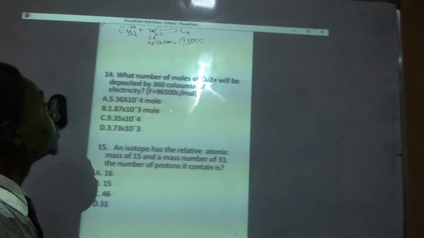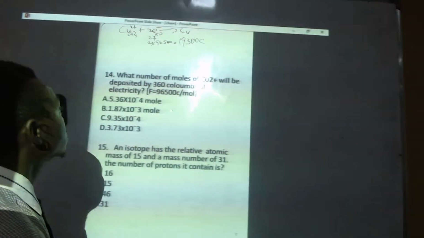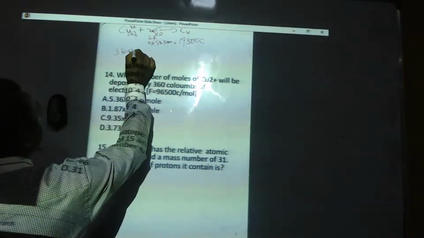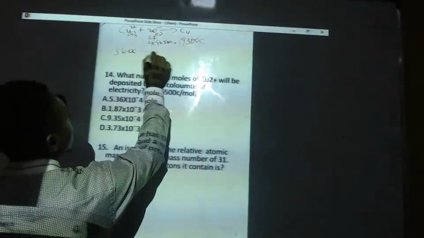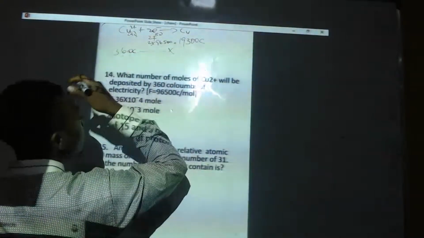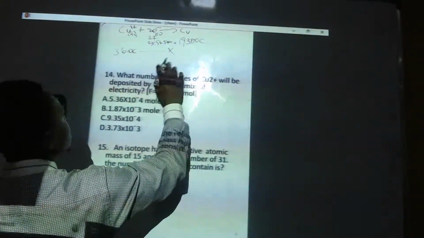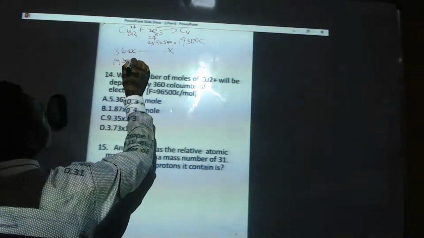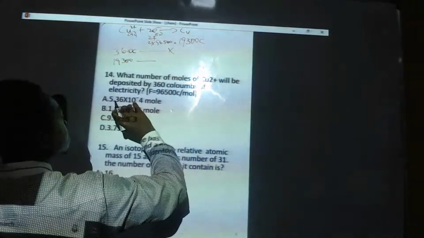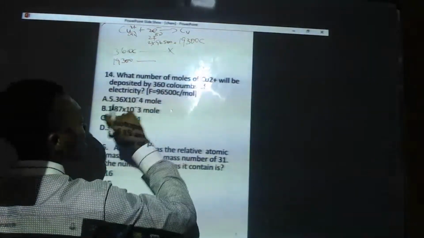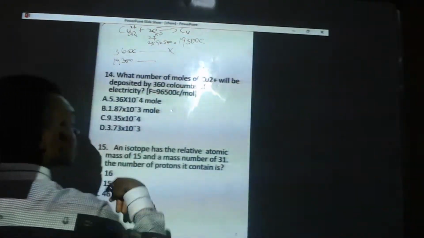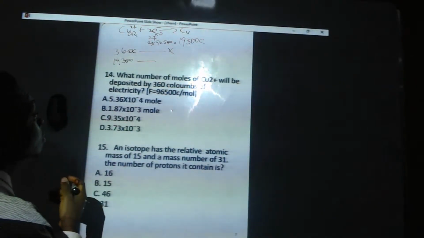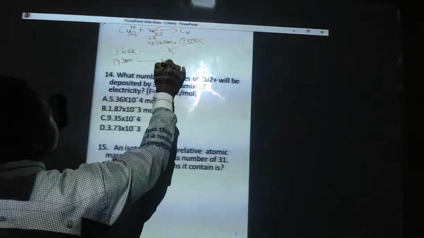So we're bringing in 360 coulombs. All you need to do here is say the 360 coulombs is the x, which we don't know, and the 193000 is what we are dealing with for copper, and from the first one we did, the molar mass of copper is 64.